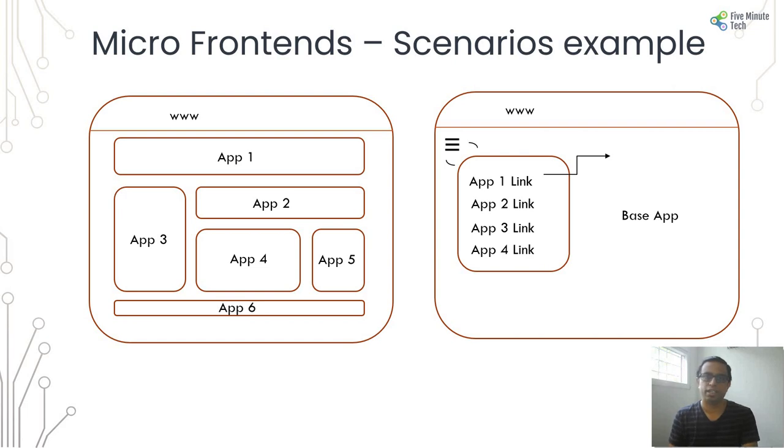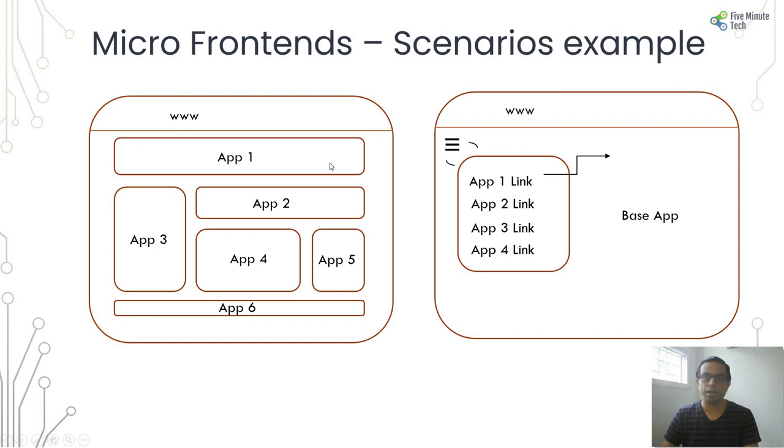So just to understand why we are talking about micro frontends and how it fits into the structure in which you think about. Consider we have a single big application which is through a URL or a domain. You are rendering it to the client.